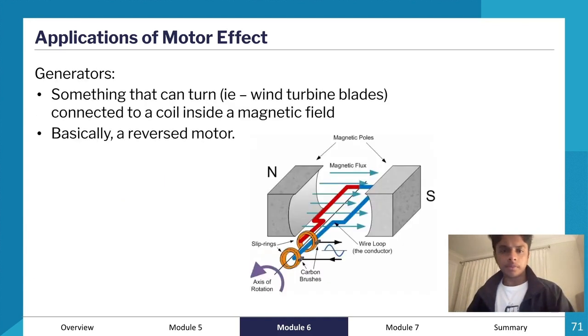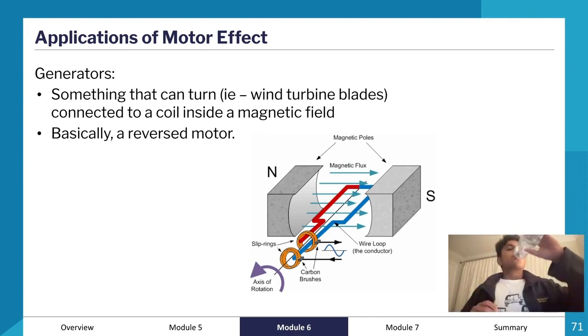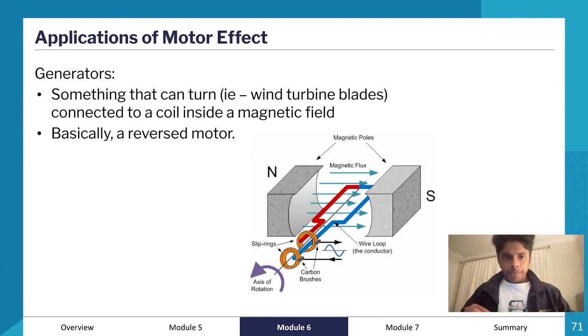We also have now generators, which do the opposite of motors, right? Motors, we input energy to cause it to turn. Generators, we turn it to generate energy. So it's basically like a reversed motor.